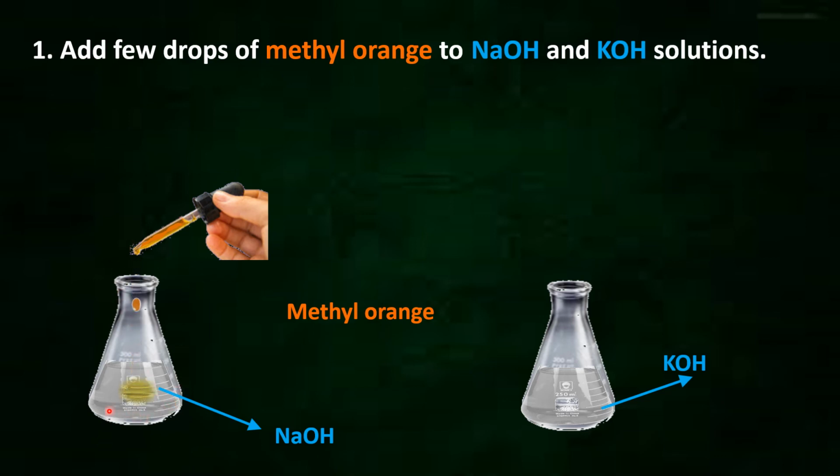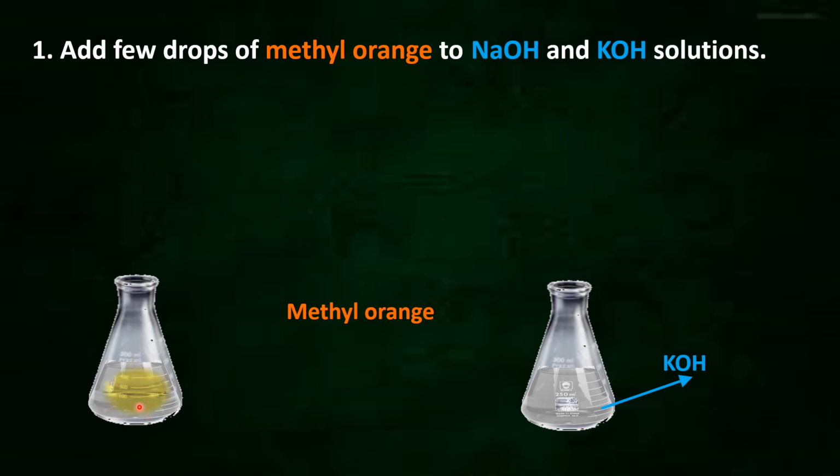Here you are observing that the colorless solution is changing to yellow color, isn't it? With phenolphthalein indicator, sodium hydroxide and potassium hydroxide changed to pink color. With methyl orange, this sodium hydroxide is changing to yellow color.